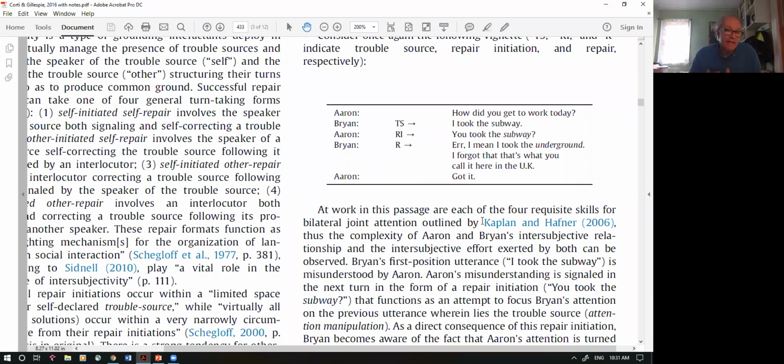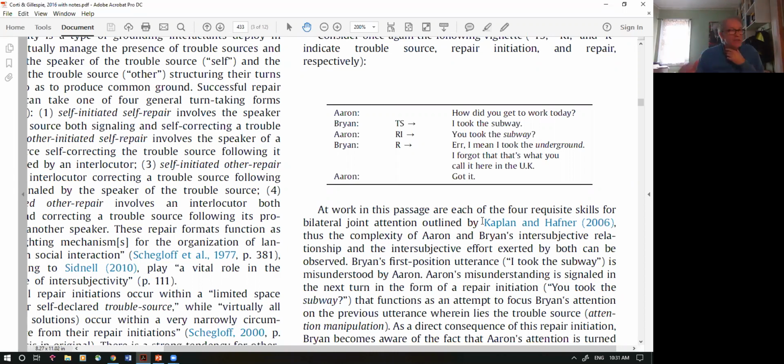And there's an expected response to that. The person's going to say, yes, I'll shut the door, and they shut the door, or they don't. And that's the main action, because it's about somebody wanting the door shut. But repair is about making sure that the main action happens.